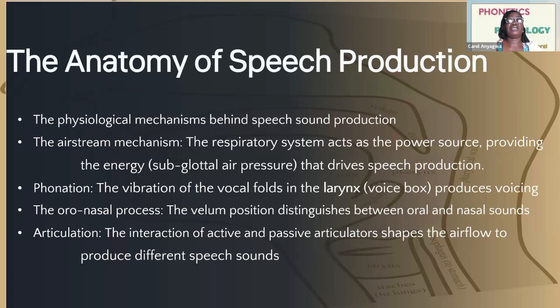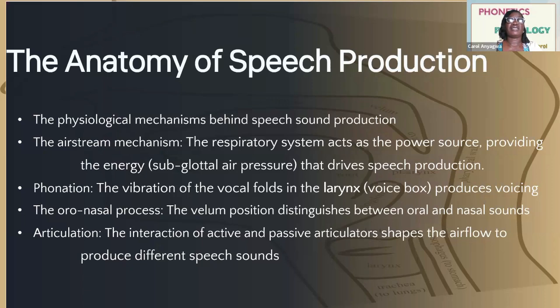I am particularly focusing here on the pulmonic airstream, which is the airstream from the lungs, because that's the primary airstream for speech production. But of course, we have other sources. We have the glottalic airstream, we have the velaric airstream, each of which is named in line with the particular organ, particular area where they are generated.